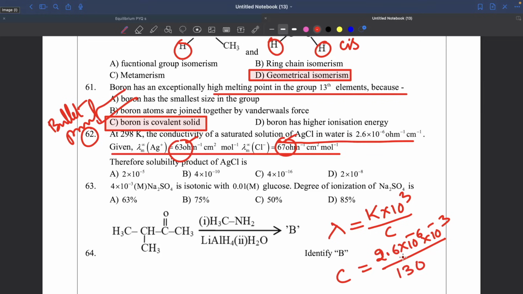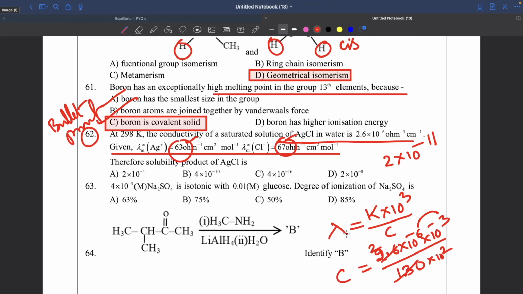So 130. So if I put the decimal here and multiply it by 2, so this goes 2 times. Okay. So this is going to be 2 into 10 power minus 6 minus 3 minus 9 minus 11. 10 power minus 11 is the concentration.